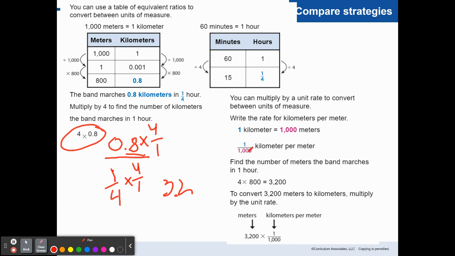So 1/1,000th kilometers per meter. So they took this, wrote it as a fraction: 1 kilometer per 1,000 meters.